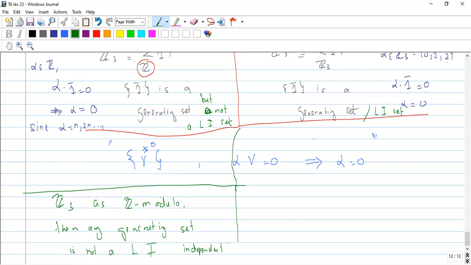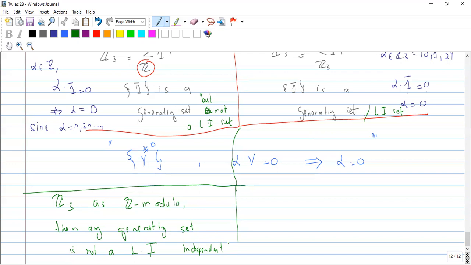Moreover, you can see that in the case of Z3 as a Z module, whenever you will take a generating set, it is not a linear independent set. It means that you cannot find a basis for Z3 as a Z module.